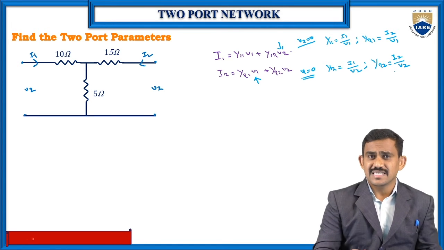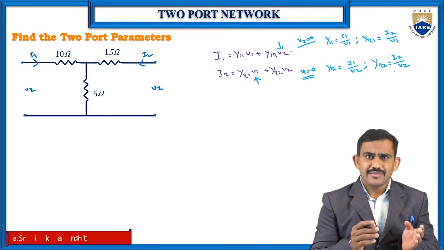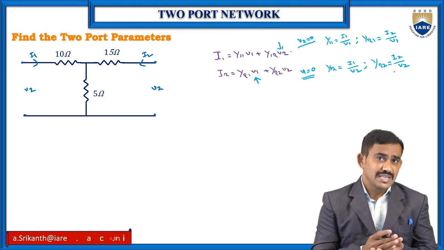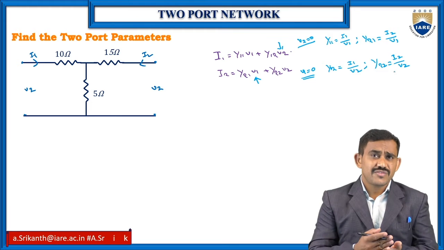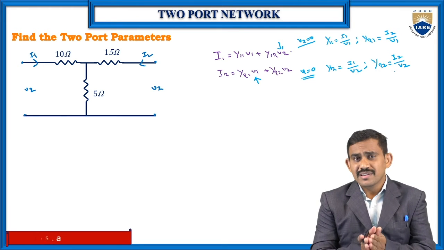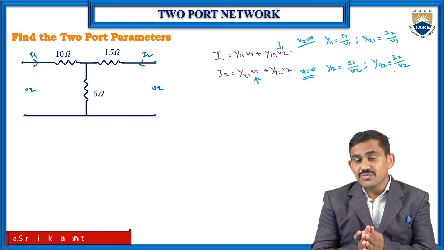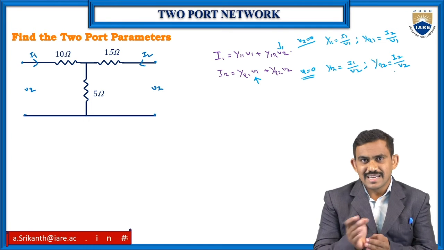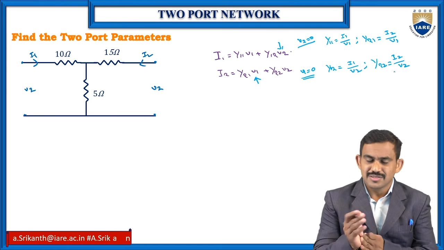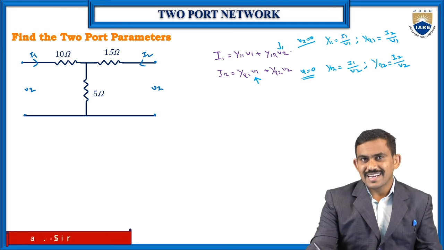So these are the conditions. When we know the y parameter equation, from that equation you can find the y parameter values using conditions, like second side short circuit or primary side short circuit. Now first I will go for second side short circuit.